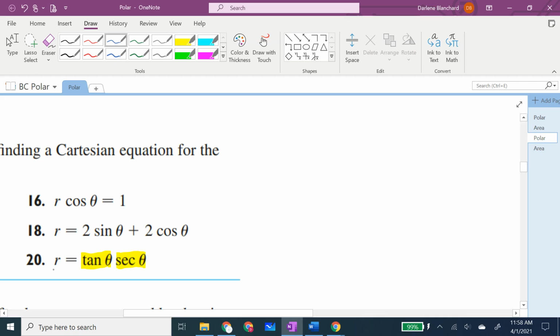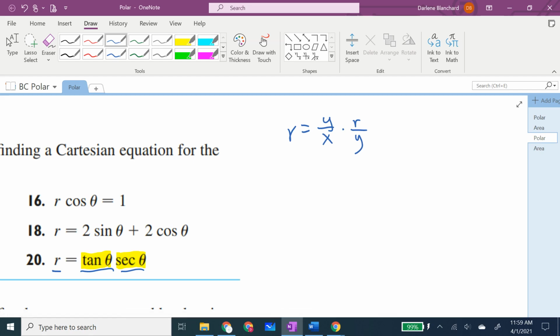So what I'm going to do is write r equals y over x times, and what is secant? Because it's cosine's reciprocal, and that means instead of adjacent over hypotenuse, you got hypotenuse over adjacent. And when you look at the triangle, hypotenuse over adjacent. And then go, oh, interesting.